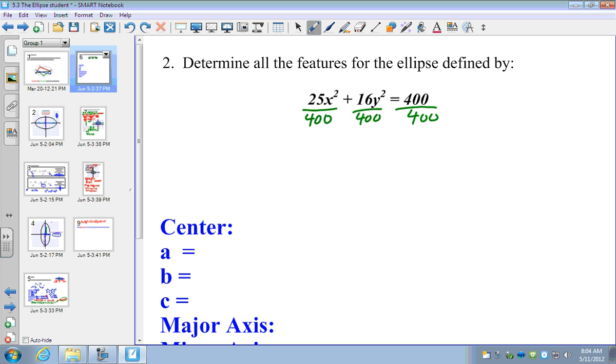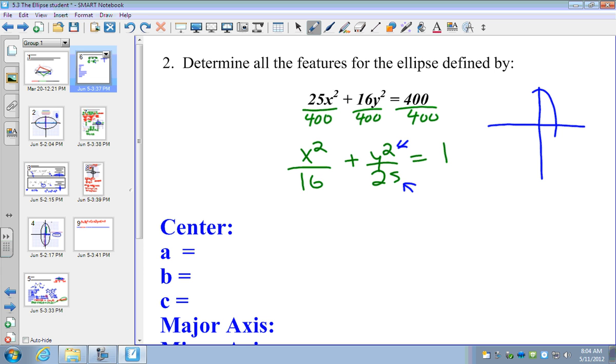Okay, so this simplifies to x squared over 16. This simplifies to y squared over 25 equals 1. Okay, so right away I see that my bigger number is under my y squared. So this must mean that it is a vertical ellipse.